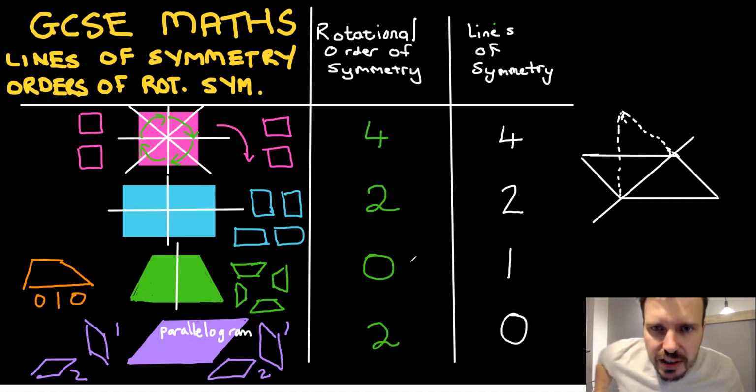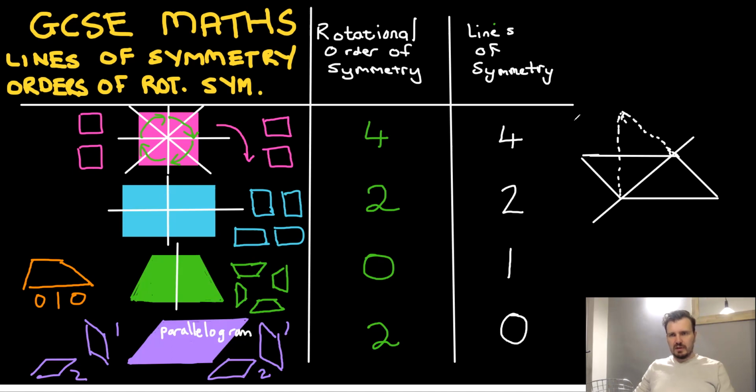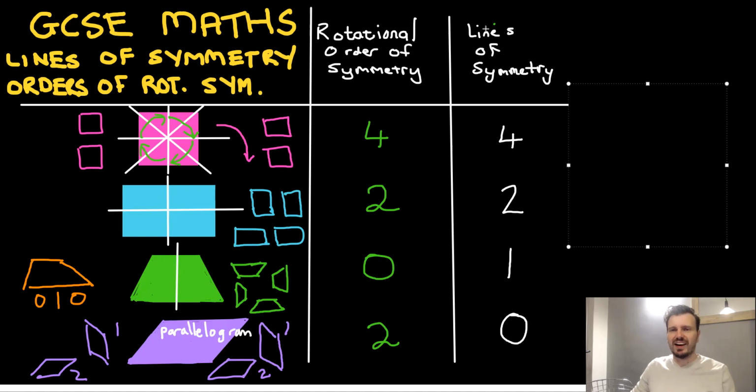Okay, so the rotational order of symmetry and the lines of symmetry are different. Maybe we should do a parallelogram as well. Sorry, rhombus. Rhombus, yeah.